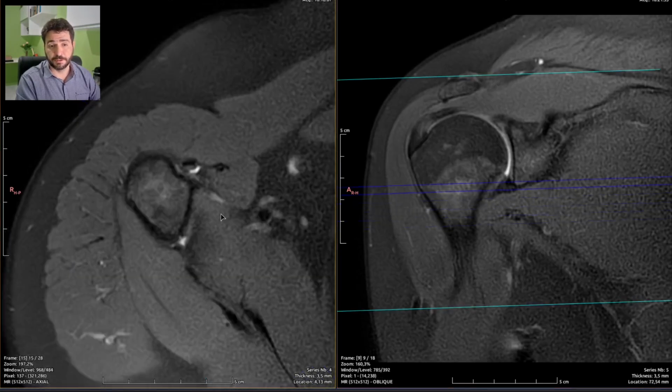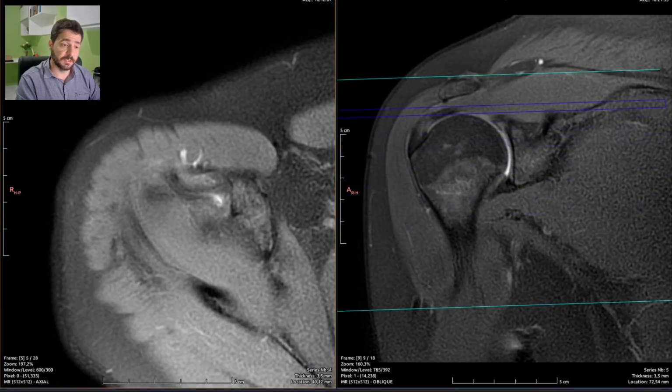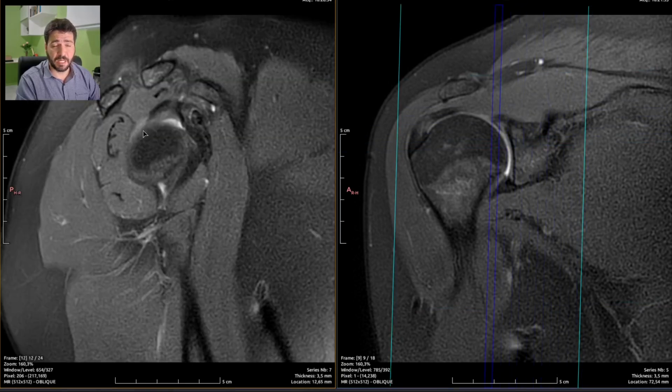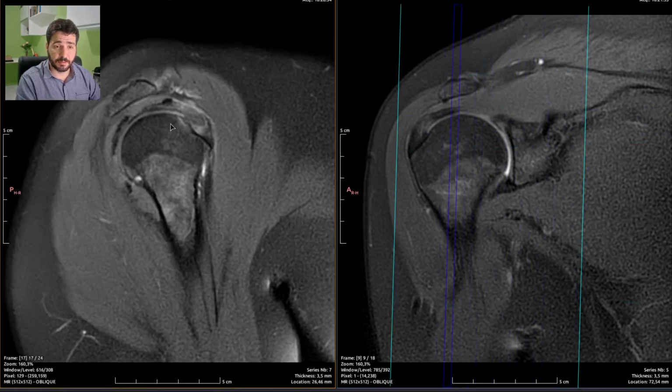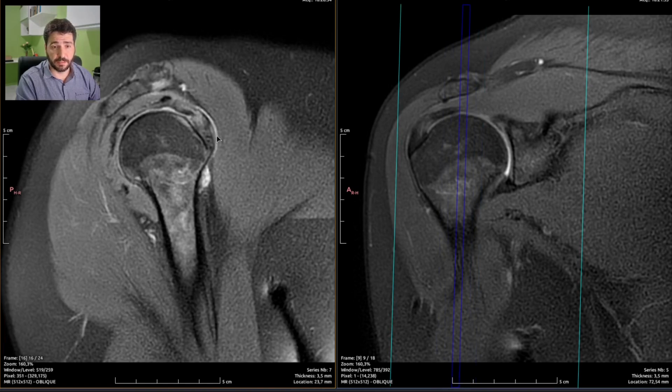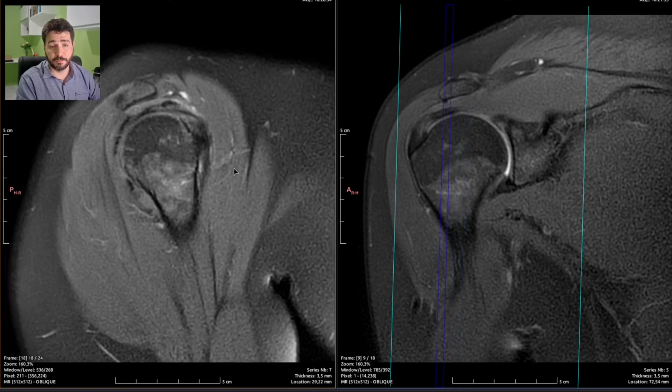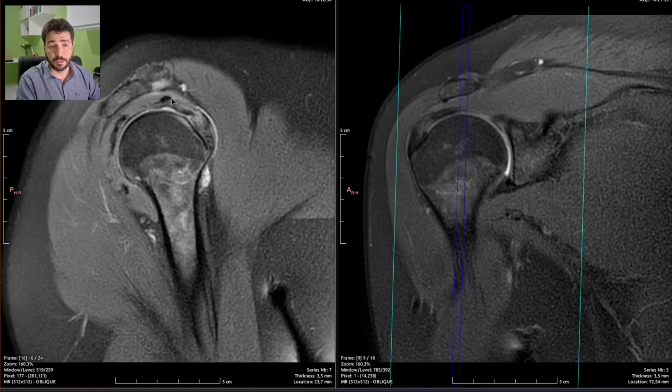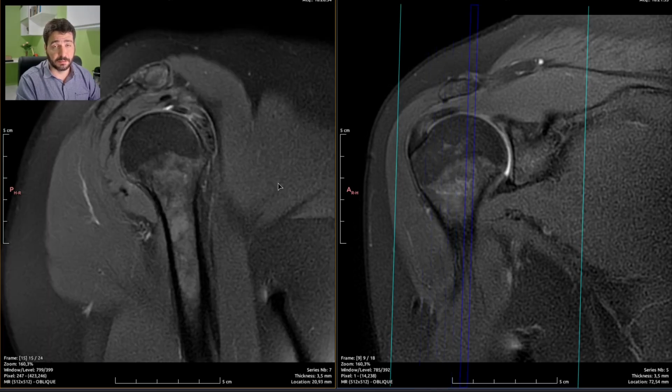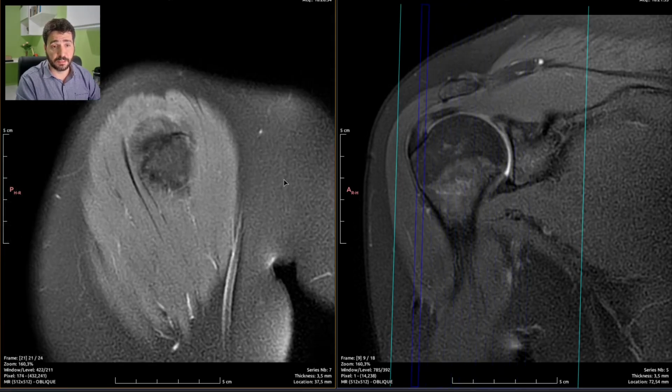So we have to check more than one sequence in order to see if mild inflammatory disease is present. Right here you can see this is the approximate site of the subacromial subdeltoid bursa, and indeed there is some kind of mild liquid accumulation or edema on it. So I can say there is a bursitis here, mild bursitis.